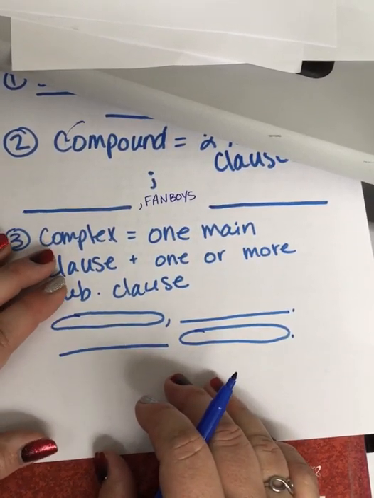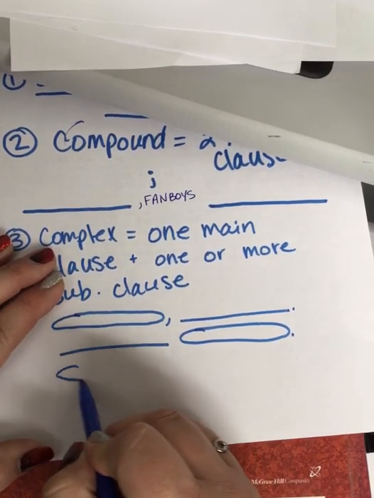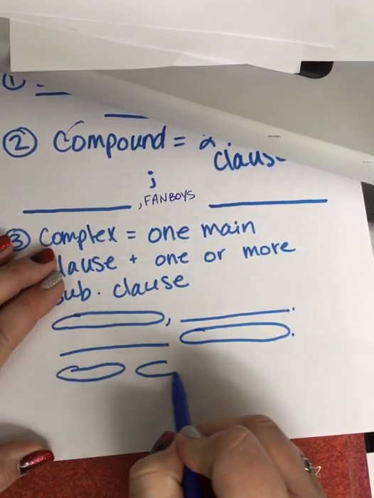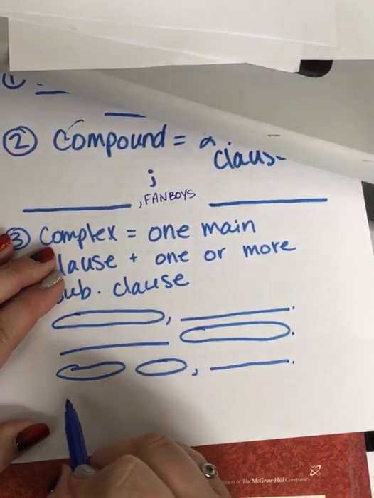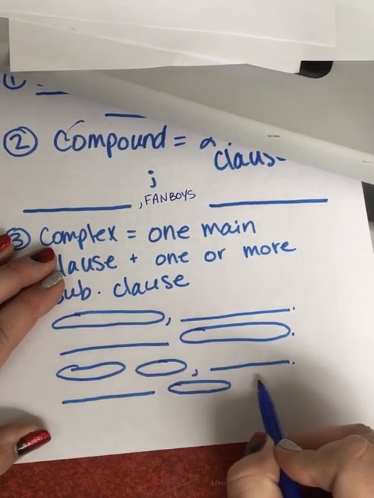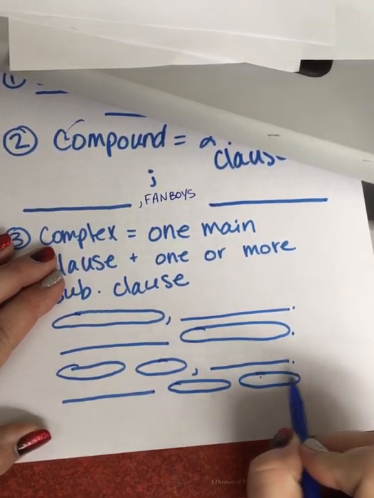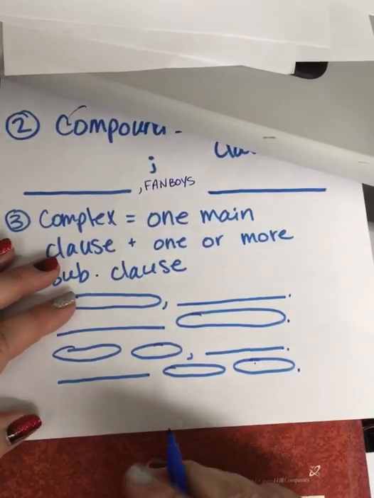Okay? You may have some cases where you have circle, circle, comma, underline. Or you could have underline, circle, circle. And we're going to see some of these today. Well, maybe part of them.